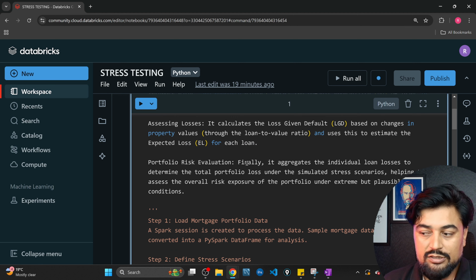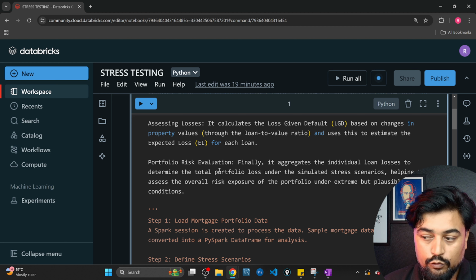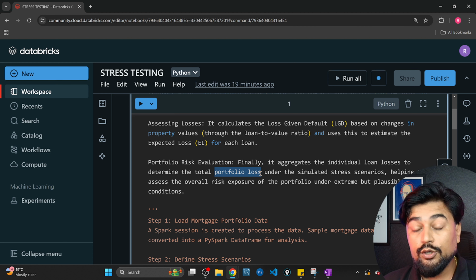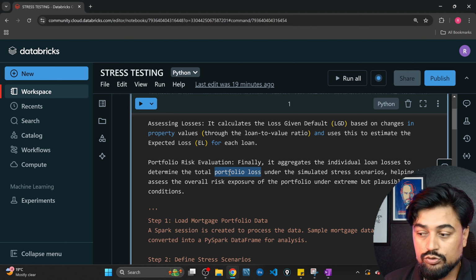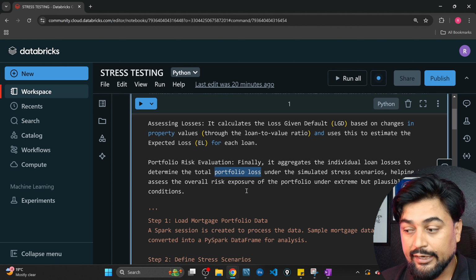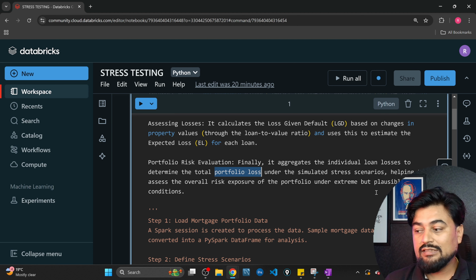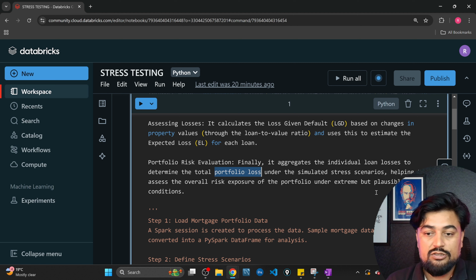Now, portfolio risk evaluation: finally it aggregates the individual loan losses to determine the total portfolio-level loss, whether that's credit card, student loan, or any other sort of loan. That is the full portfolio-level loss calculation under the simulated stress scenario, helping to assess the overall stress on the system or risk exposure of the portfolio under extreme but plausible conditions.